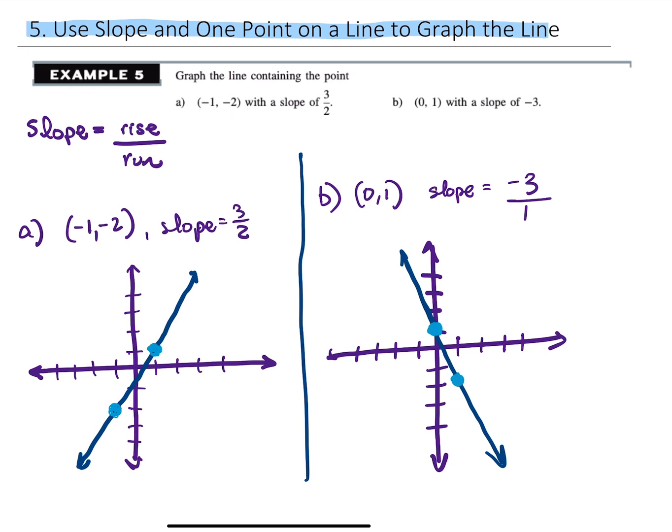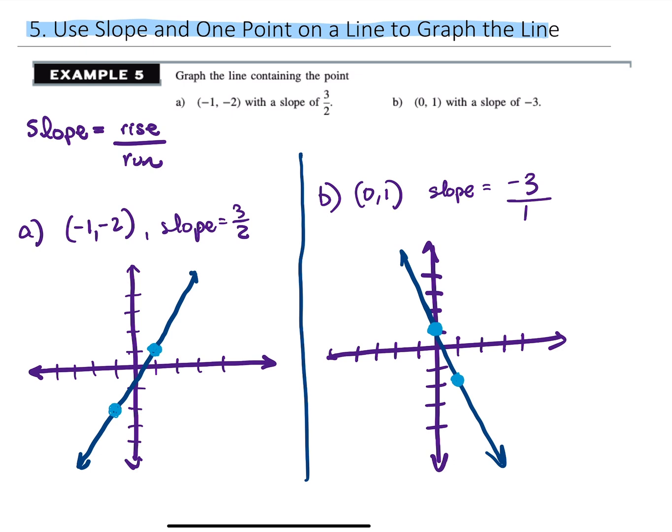So if you're given a single point and the slope, just plot that point and use the slope in rise over run fashion to get to your next point. And you can even use it again and get a third point if you want to, and you can build your line from there.